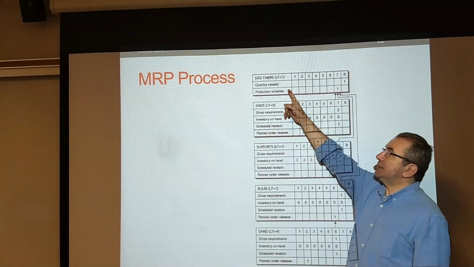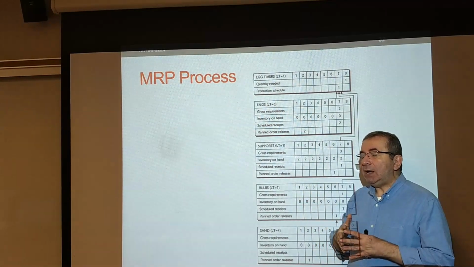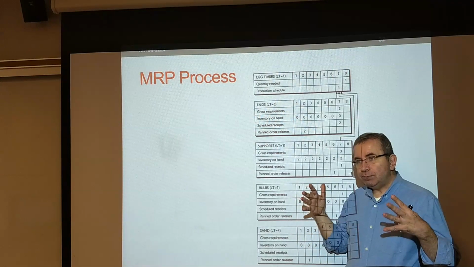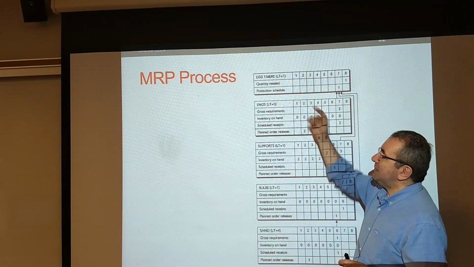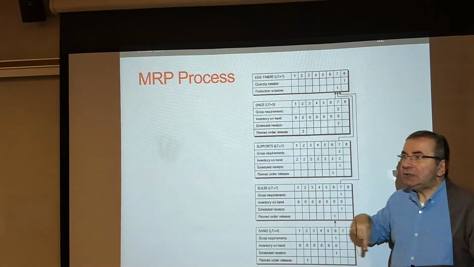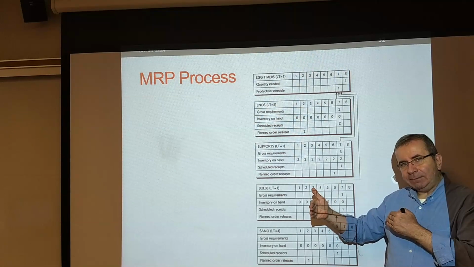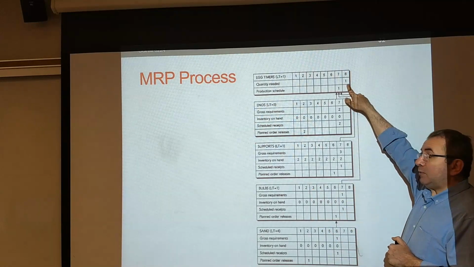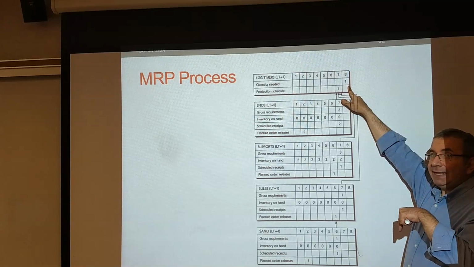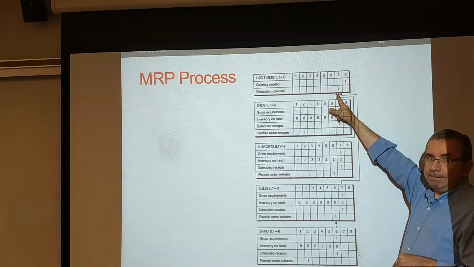However, there is a lead time. In this case, lead time means how long it takes to produce 1 egg timer. Lead time is 1. That means you need 1 period to make an egg timer. Okay? So if you want the egg timer finished in period 8, you must start 1 period before.